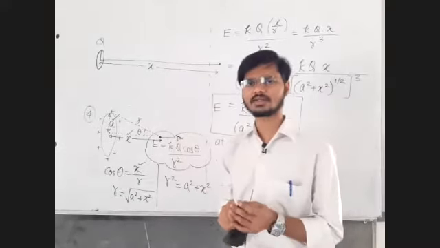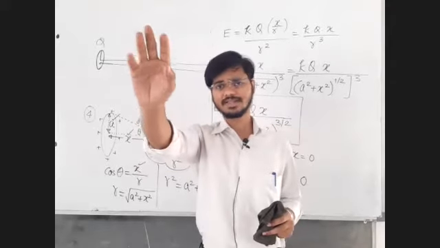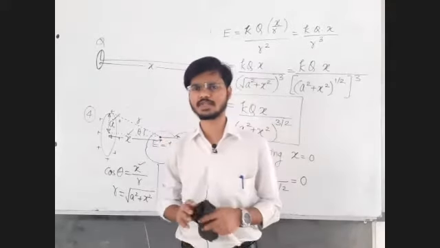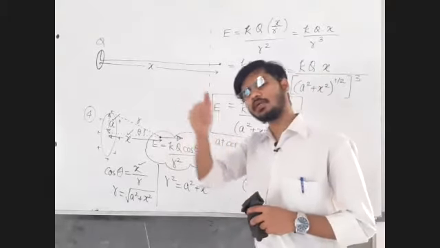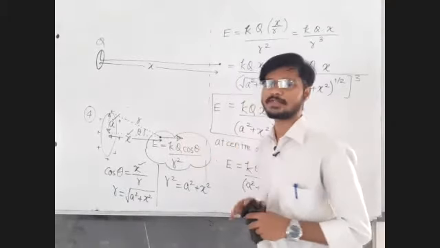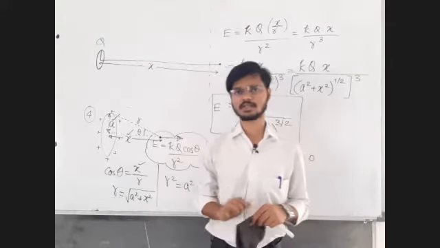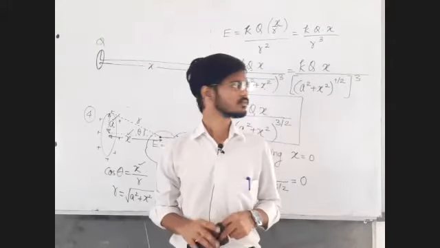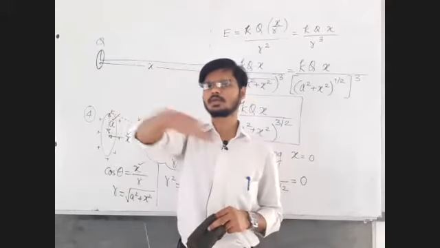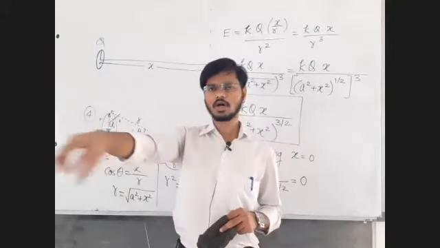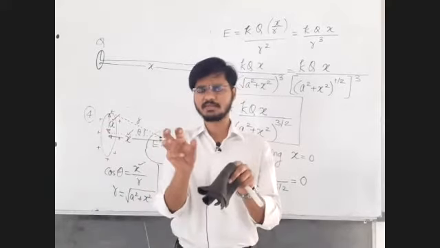If a particular charge system is at a very, very large distance, then that charge system should be taken as a point charge. Think on this first. If you are at the top of the mountain and you look at the small houses at the bottom, they are as good as point masses.